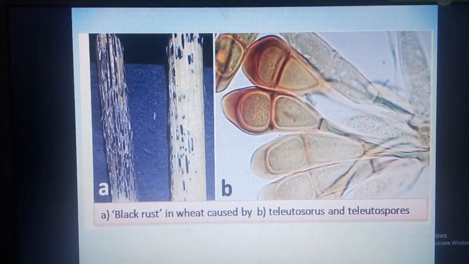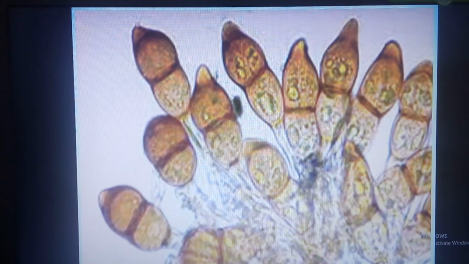Now I had mentioned earlier that we will see how the basidiospores develop. They will germinate on the soil and form another type of spore, that is the basidiospores.